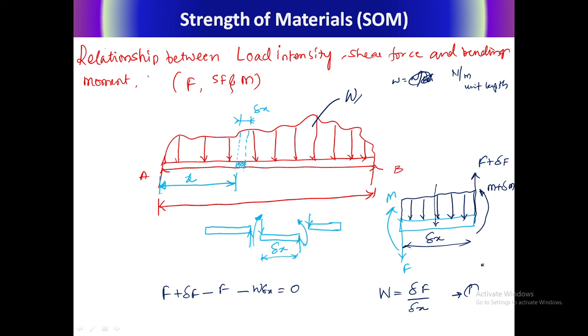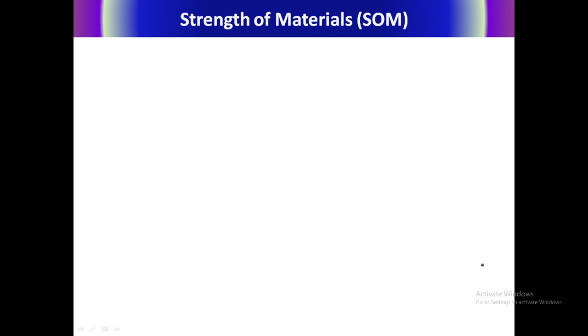So this is called the intensity of load per unit length, where W is the load intensity per unit length.